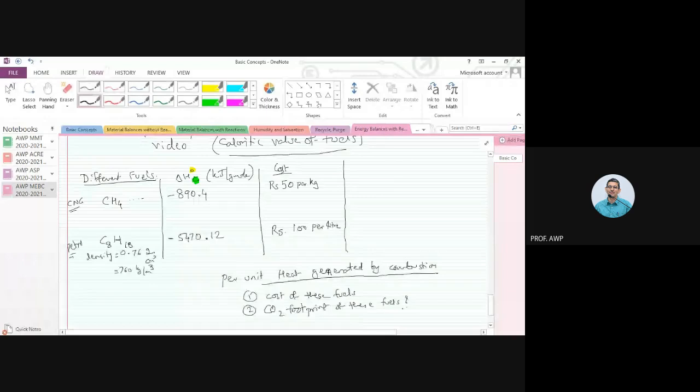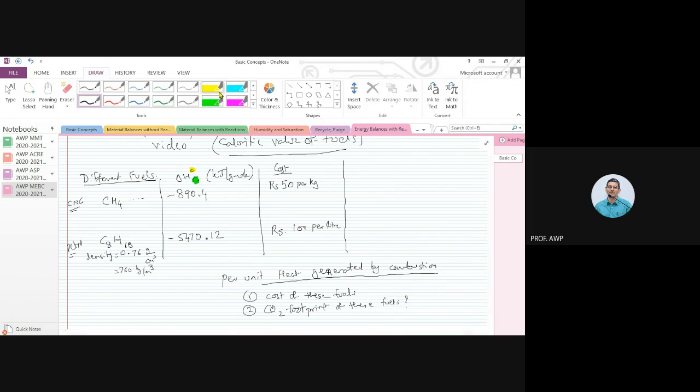Okay, understood the question? And remember, in the engine, methane is going to get burnt, and water I am going to get in the vapor state, not liquid state, because the temperature will be high. Pressure will be 1 atmosphere, but temperature will be high, maybe few hundreds of degrees centigrade. So water will not come in the liquid state.